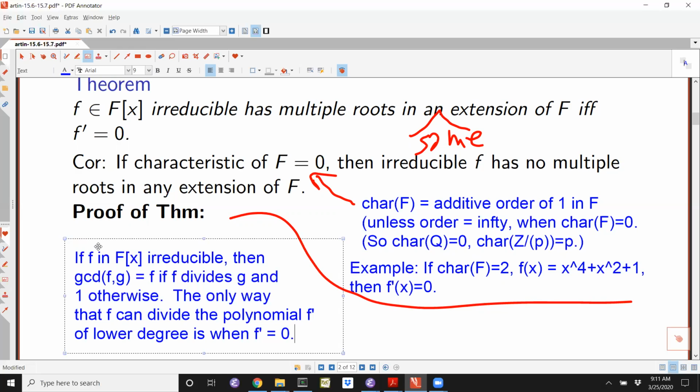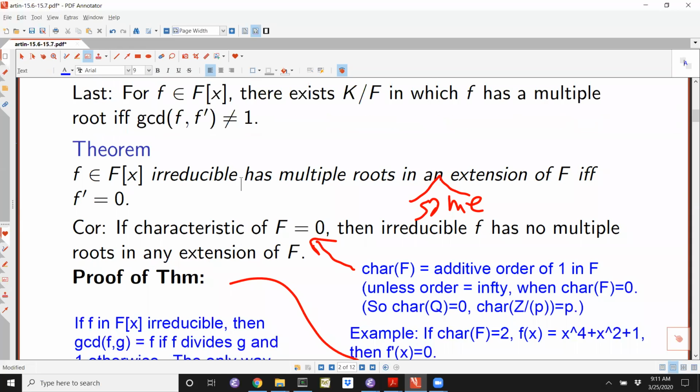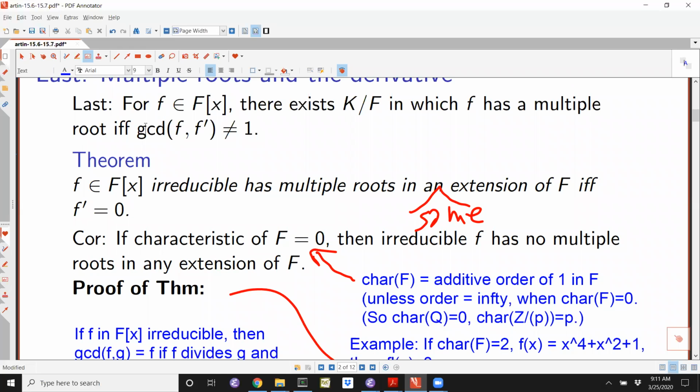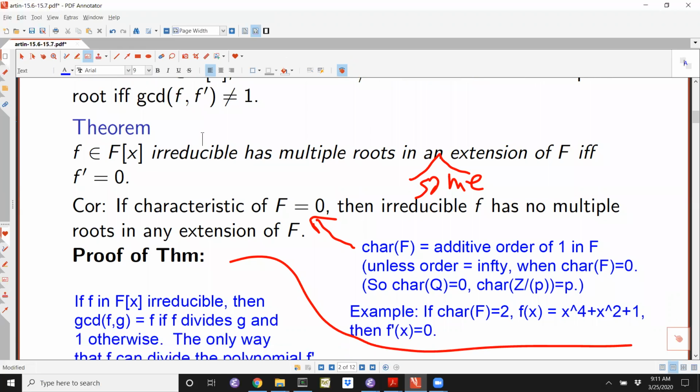Right. So again, the only way you can get multiple roots is if the GCD of f and f prime is not equal to 1.